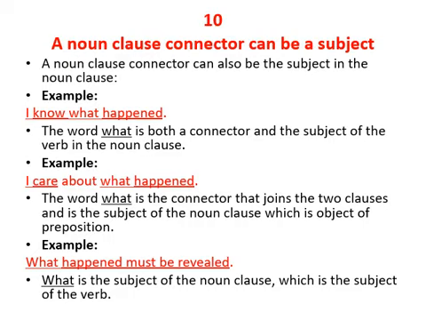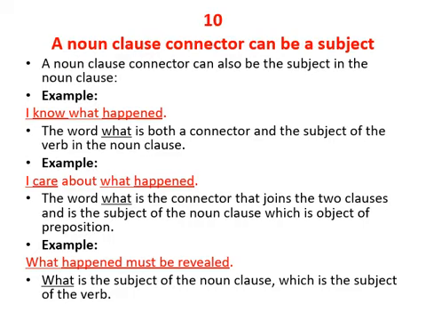طيب نشوف آخر حاجة في الإكسرسايز أو آخر حاجة في الموضوع ده. A noun clause connector can be a subject. يعني إيه بقى؟ إن الكونكتور نفسه ممكن هو يبقى subject. تعالوا نشوف الجمل دي كده. طيب a noun clause connector can also be the subject in the noun clause. يعني لما أقول مثلا I know what happened.